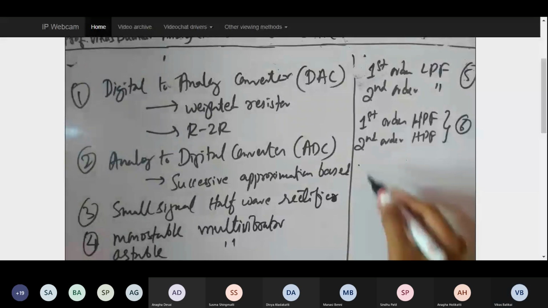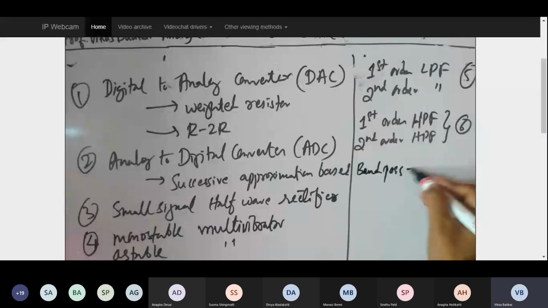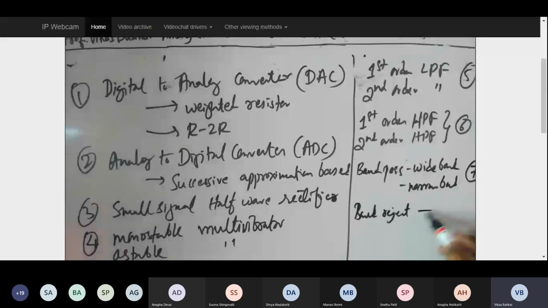So band pass, wide band and narrow band, I can call it concept number 7. And then next we are going to talk about band reject filters, again in that wide band and narrow band. This is concept number 8. So these are the concepts that we have tried to analyze in this entire module.